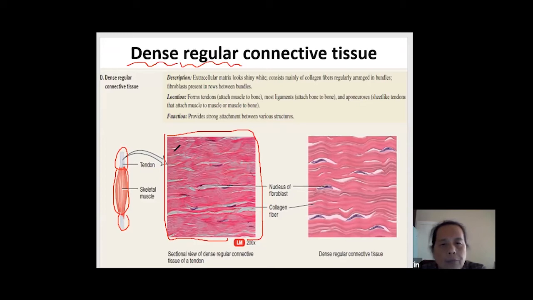You can see the fibers are in pretty much the same direction, with fewer cells inside. Yes, still some cells, but compared with loose connective tissue, fewer cells, more fibers. So that's dense regular connective tissue.